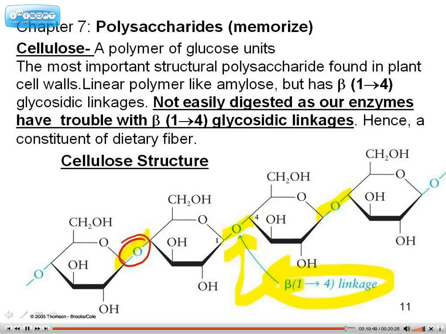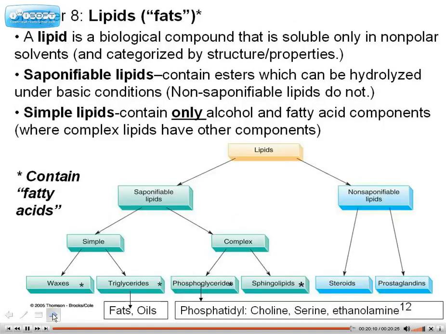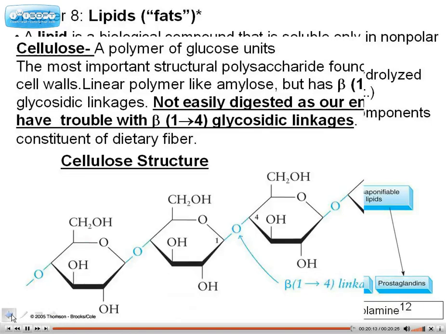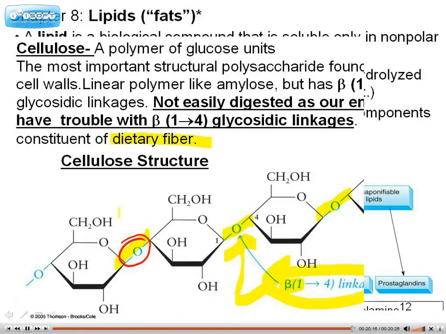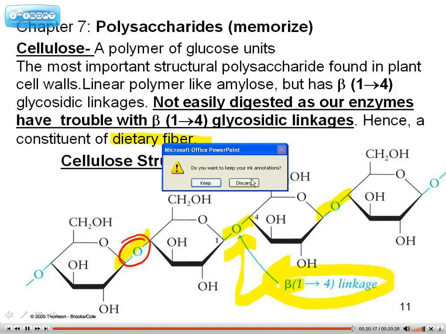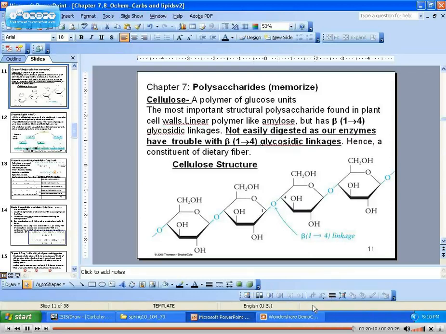Once the cellulose is broken down into individual monosaccharide units, it can just continue on. We, however, don't have those enzymes, so it's used as dietary fiber whenever we have it in our body. Basically, it just goes right through us.